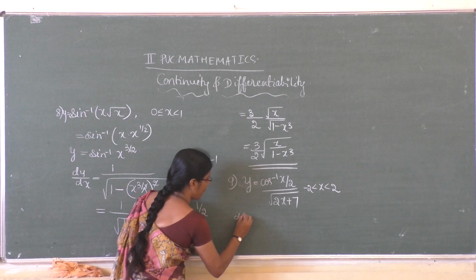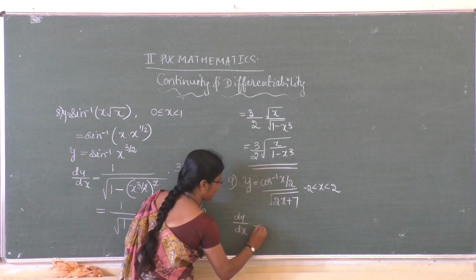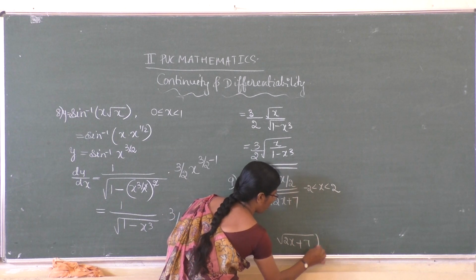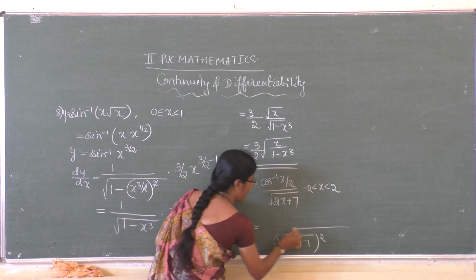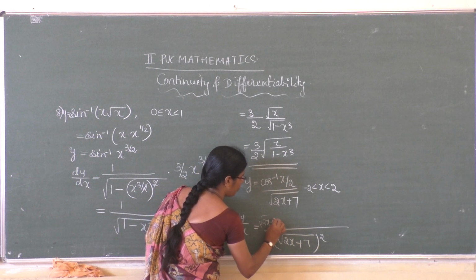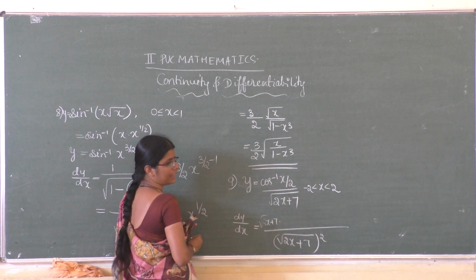So for dy by dx, we apply the quotient rule: in the denominator we get denominator square, and in the numerator, denominator into the derivative of the numerator.